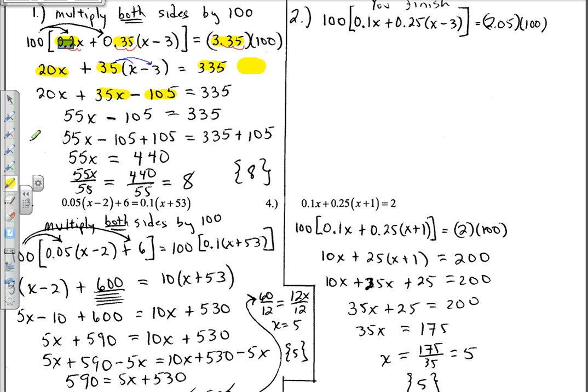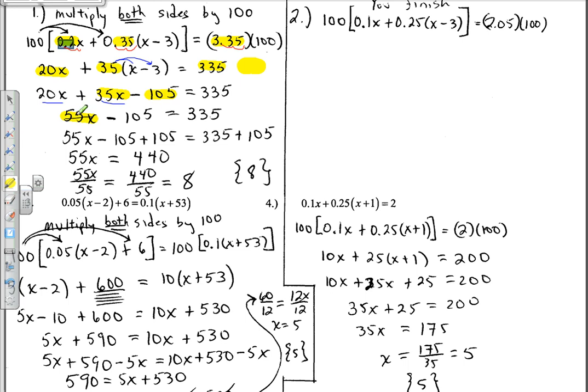So next thing I do, I combine my like terms. I notice that the first and the second are the same. So I combine them and I get 55x. Sorry, 55x right here. Now there's only one term that contains a variable, so the elimination step is not necessary.